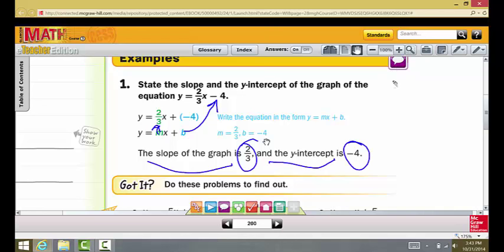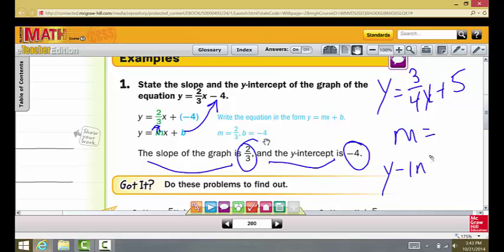Let's take a look at another one over here. Let's do y equals 3/4 x plus 5. Think for a minute about what the slope would be in this particular situation. So we would write m equals the slope, and think about what the y-intercept would be in this particular situation. So we would have y, and if you want to abbreviate it like this, that's 5.